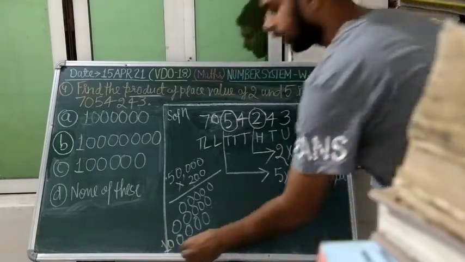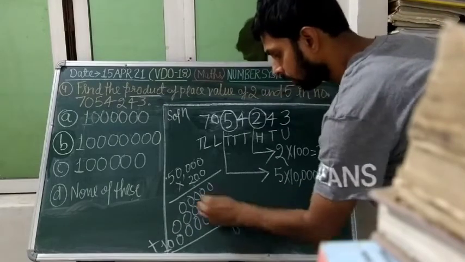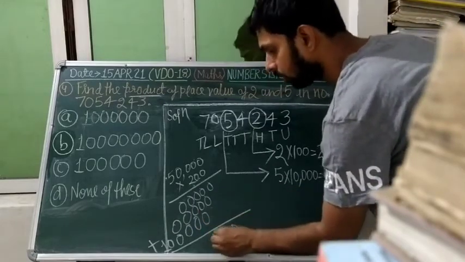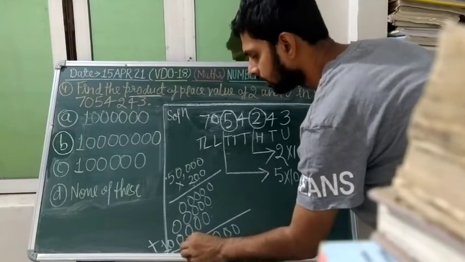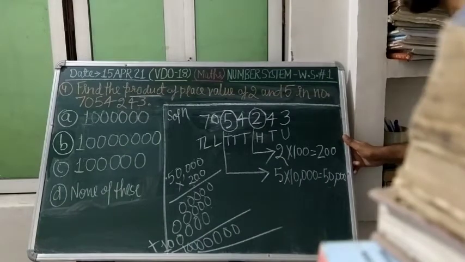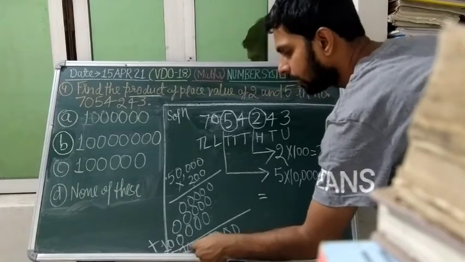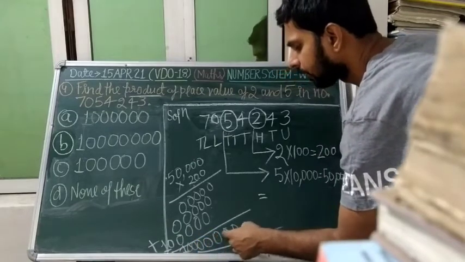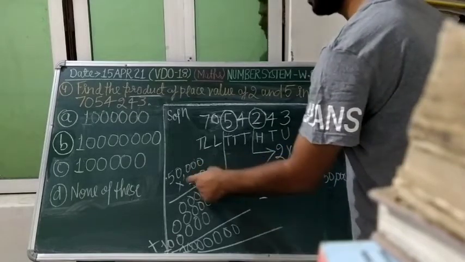So you will write 10 like this. Now what will you do? You will add it all. These zeros, and here 10. Okay, I am writing here. There are 1, 2, 3, 4, 5, 6, 7 zeros here.